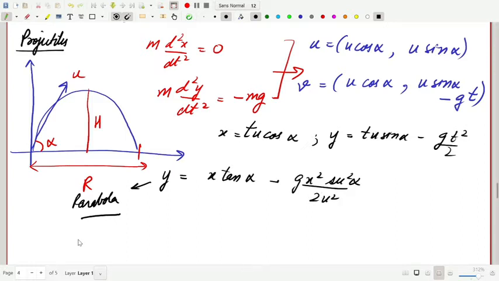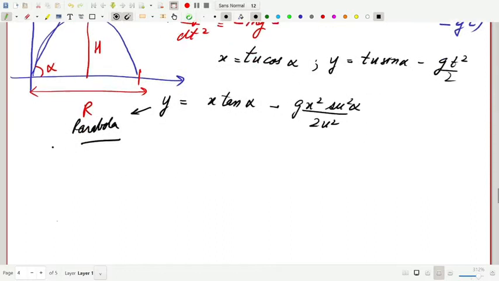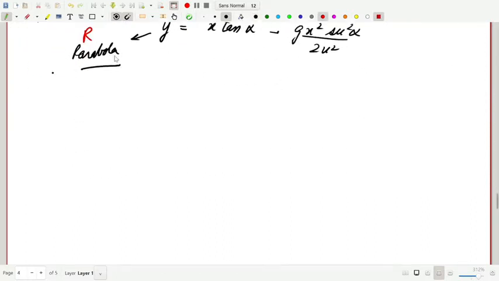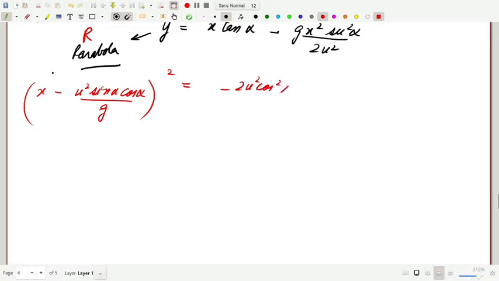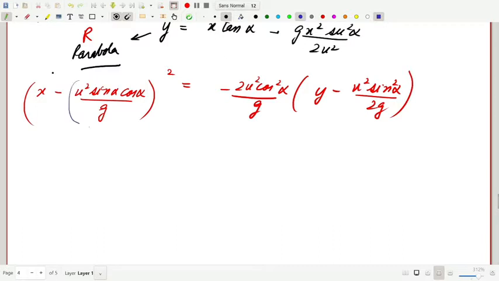To see more clearly that it is the equation of a parabola, we write x minus u square sin alpha cos alpha, and multiply the equation by 2u square over g secant square alpha. The whole square is equal to minus 2u square cos square alpha over g into y minus u square sin square alpha over 2g.